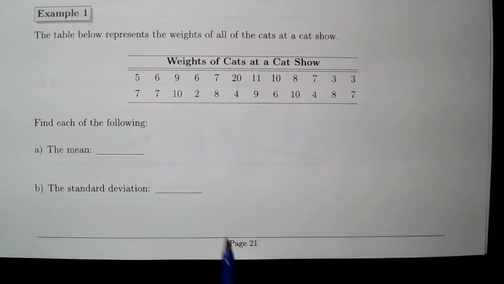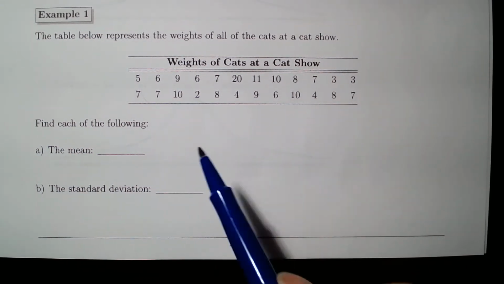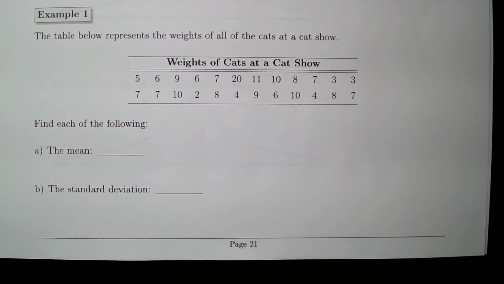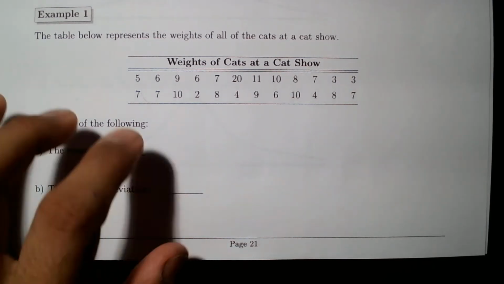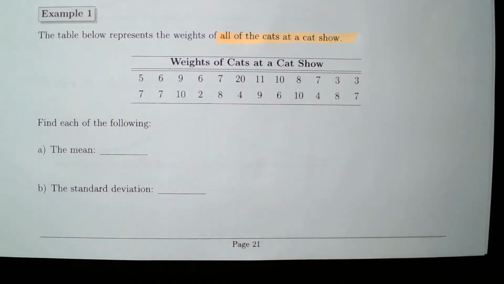So the table here represents all the weights of all the cats at a cat show. Okay, so question number 1 is, do we have a sample of cats or do we have a population of cats? So here, because they're telling us all the cats at a cat show, it's all the cats.